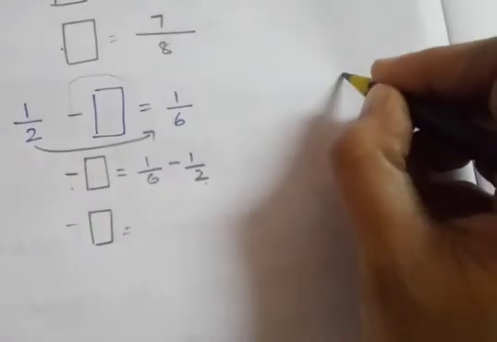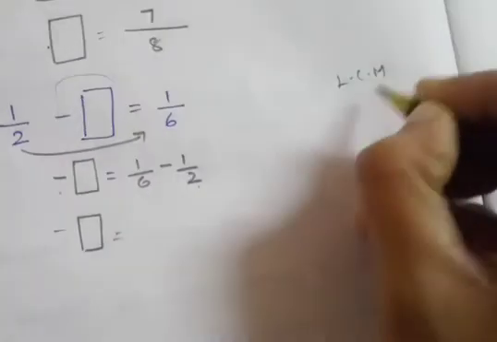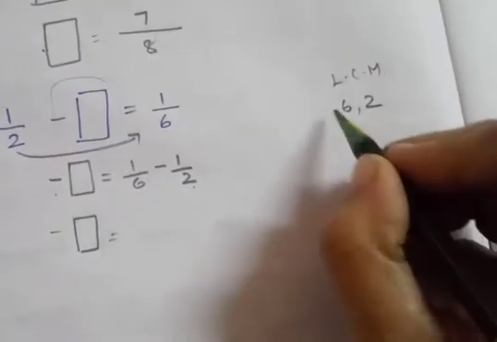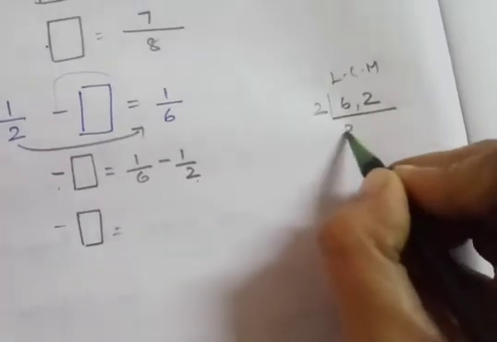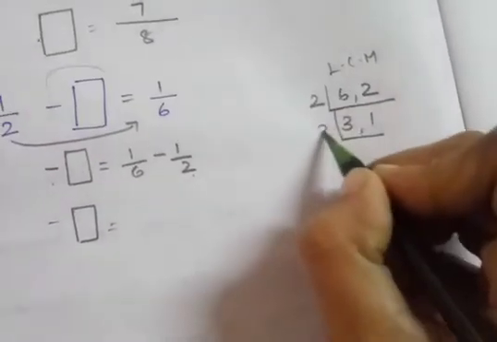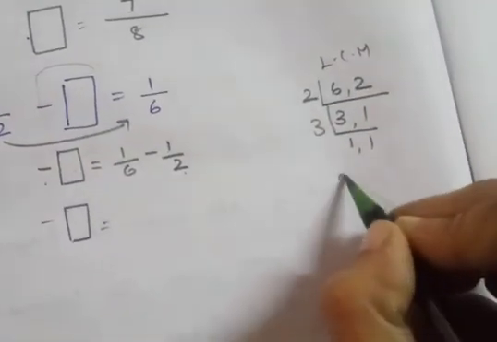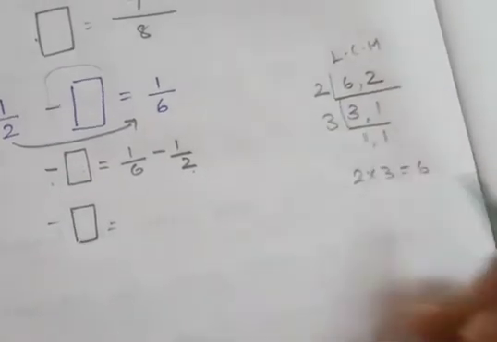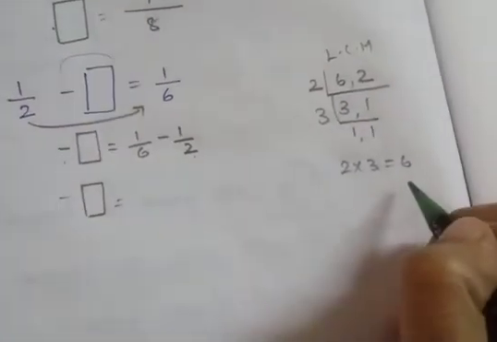No. So we have to take the LCM of 6, 2. In the table of 2, 2 3s are 6, 2 1s are 2. In the table of 3, 3 1s are 3. So 2 into 3 is 6. So what is our LCM? 6.